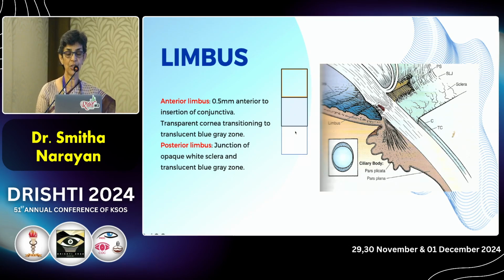The junction between the white and the gray area is the posterior limbus, and immediately anterior to it lies Schlemm's canal. When doing the sclerostomy punctures during trabeculectomy, we should never cross this junction of the posterior limbus. Immediately posterior to that lies the scleral spur. The anterior limbus is 0.5 millimeters anterior to the insertion of conjunctiva.